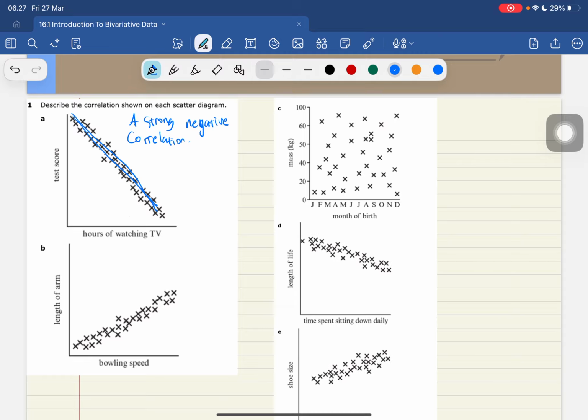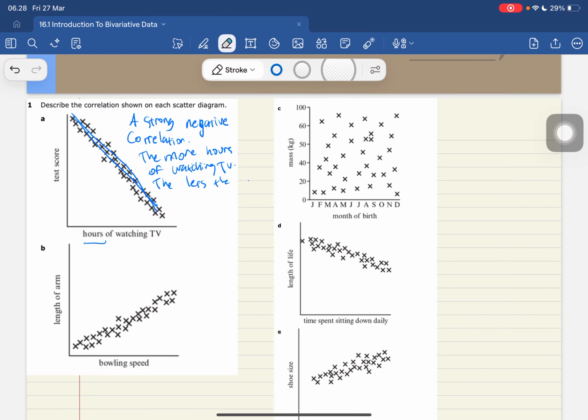So the more hours of watching TV, the lower the test score. Let me write it properly.